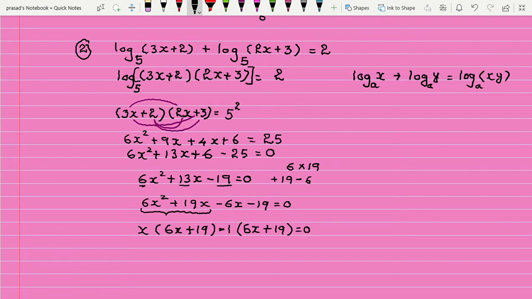Okay, so you will get two factors, 6x plus 19 and x minus 1 equal to 0.